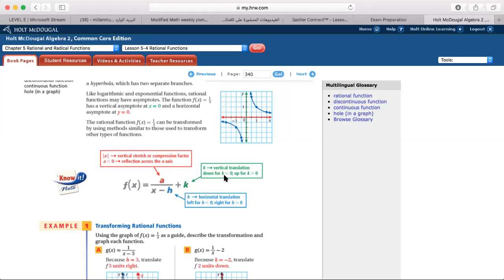When k is negative, it is down. When k is positive, it is up. h represents horizontal translation. When h is negative, it is left. When h is positive, it is right. And don't forget that there is a negative sign here that will convert everything.